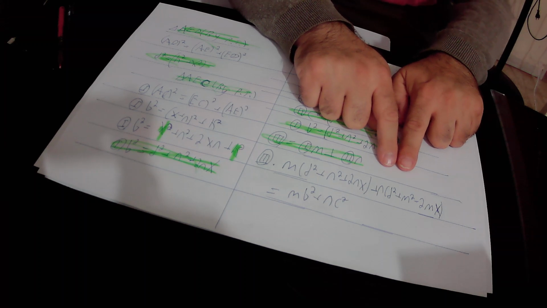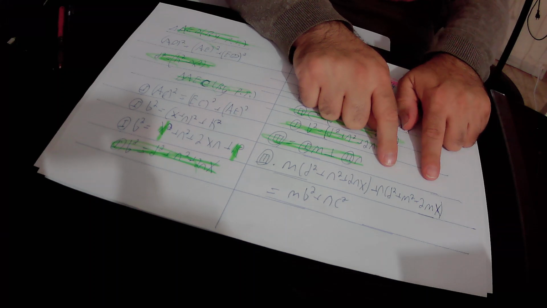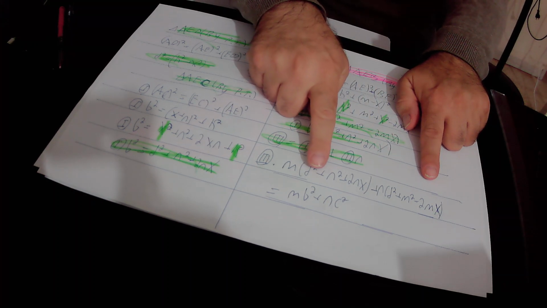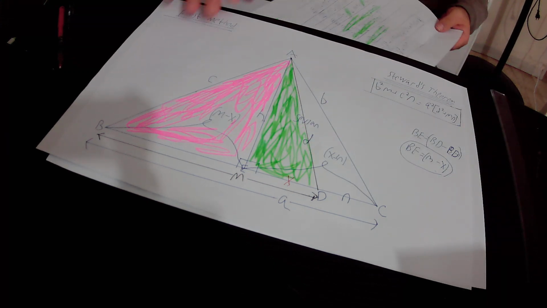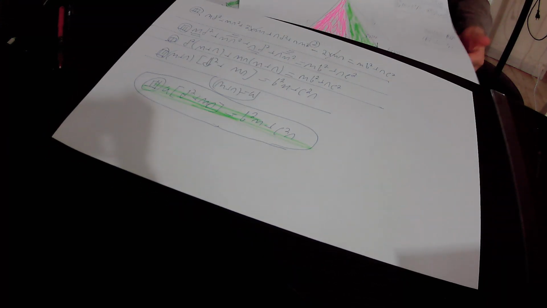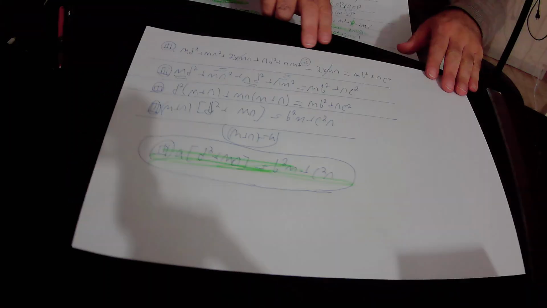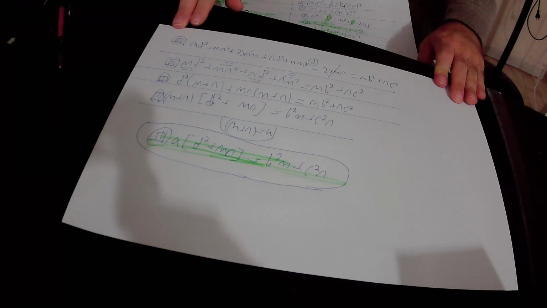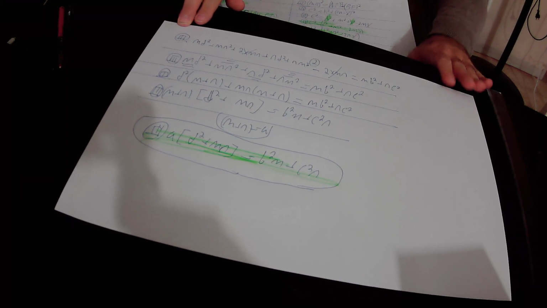N times D squared equals ND squared, N times M squared equals NM squared, and finally N times minus 2MX equals minus 2XMN, and it is equal to MB squared plus NC squared. So actually this is equation number 3 after we open the brackets.